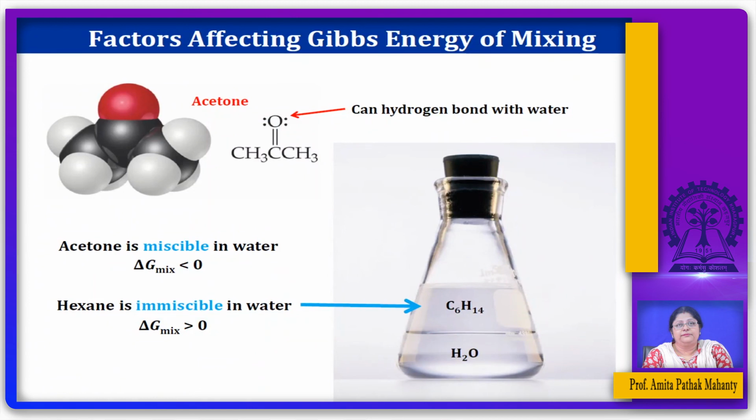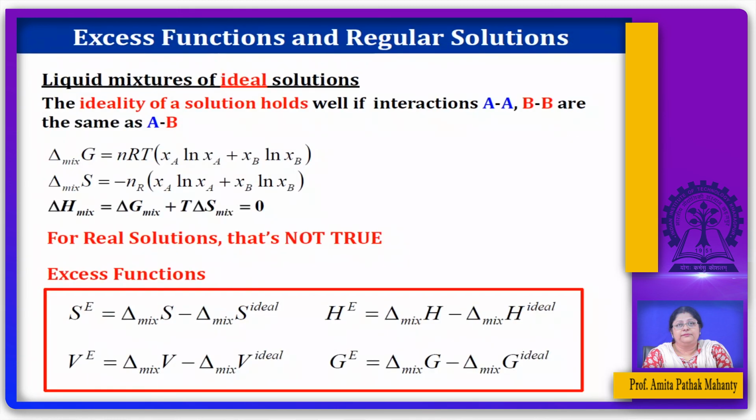That means delta G is negative. But if you see hexane in water, they separate out as immiscible liquids, and for this the delta G is positive. We are always going towards a lowering of energy, so the value of G is minimized.